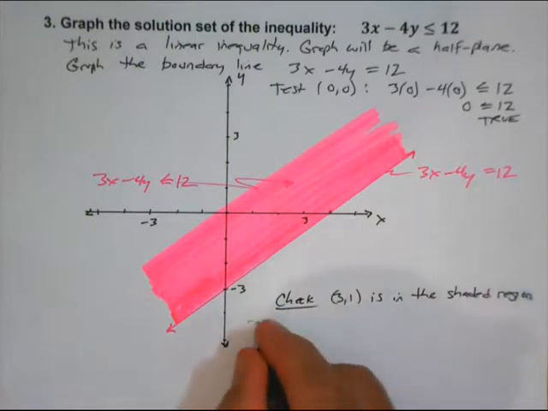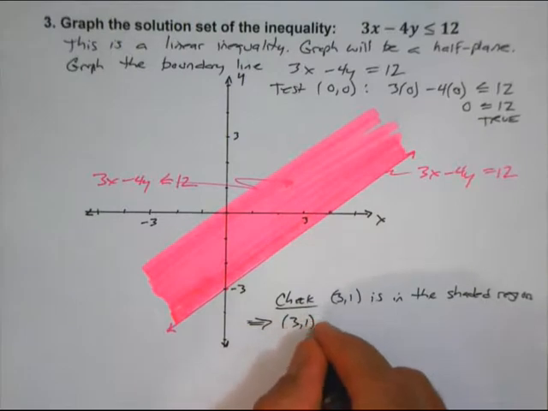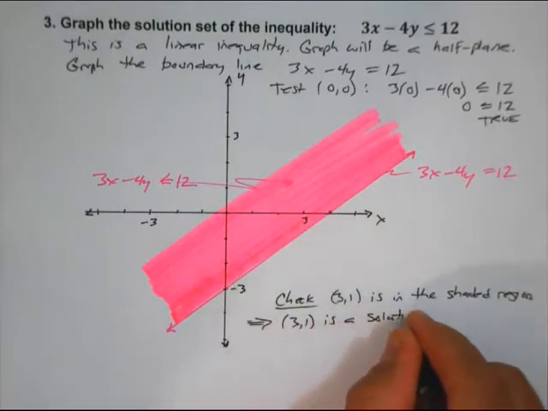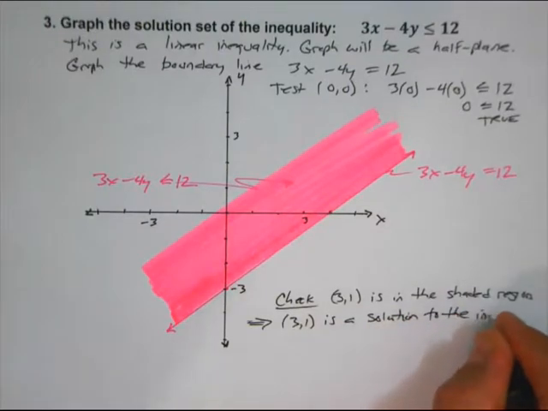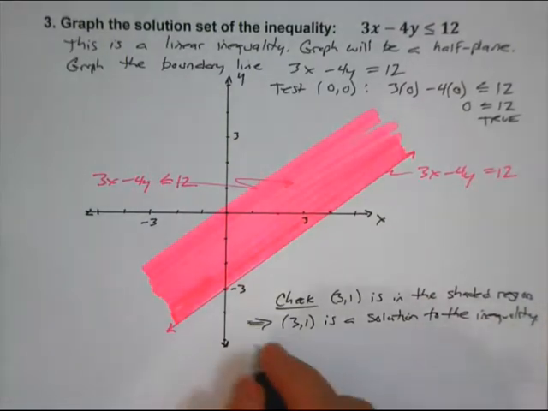And what does that mean? Well, that means that (3, 1) is a solution to the inequality. What does it mean to be a solution to the inequality?